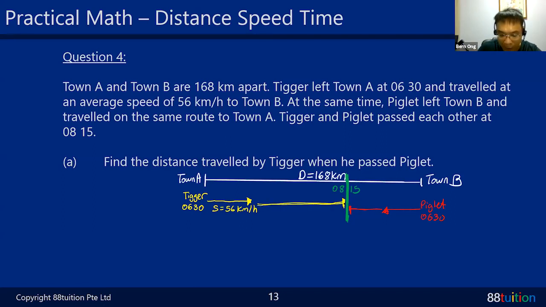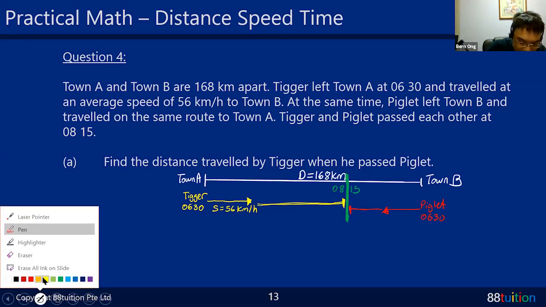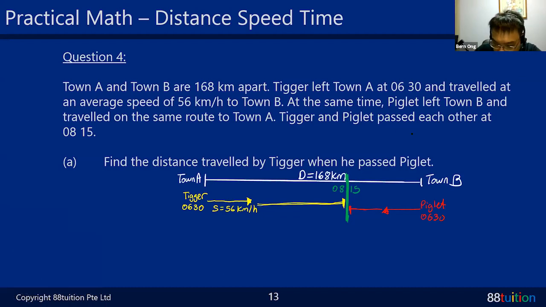My question is, from 6:30 to 8:15, how many hours and how many minutes is that? From 6:30 to 7:30 is 1 hour.